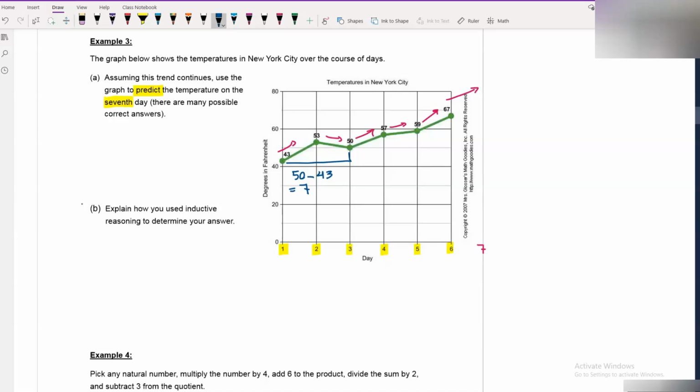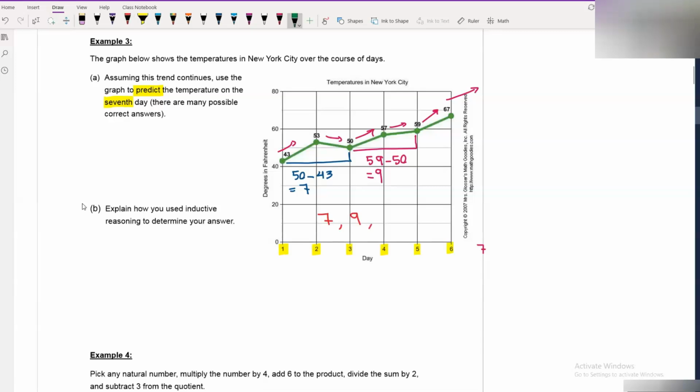I do the same thing here on this part. 59 minus 50. Here the difference is 9. To this point, what I have is the difference for the first part, I got 7, and the second one I got 9.